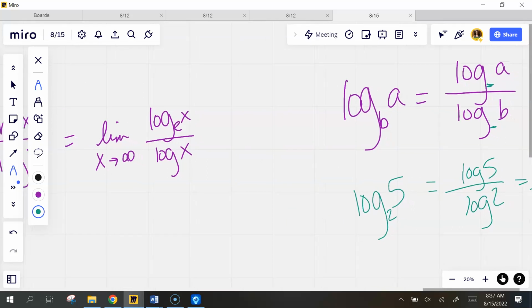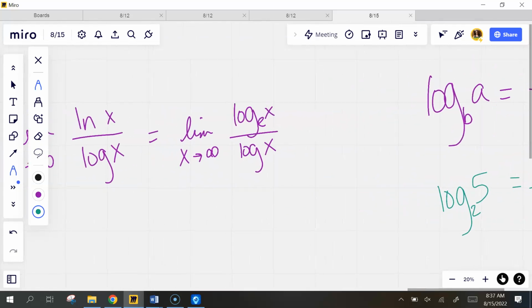So now what do you think you could do over here to get them in the same base? Shall I go base 10 or shall I go base e? Base 10. I would go base 10. Let's see what happens. Rewrite this in base 10.